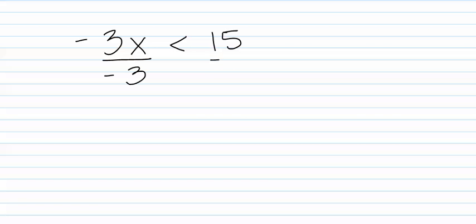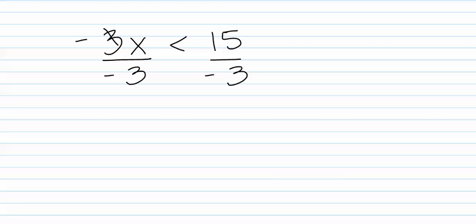So for example, let's put something in here where we're actually solving an inequality. My inequality says that when I take x and multiply it by -3, I want to get answers that are less than 15. So we're going to go through and solve this. We're going to divide both sides by -3, because division is what undoes multiplication.